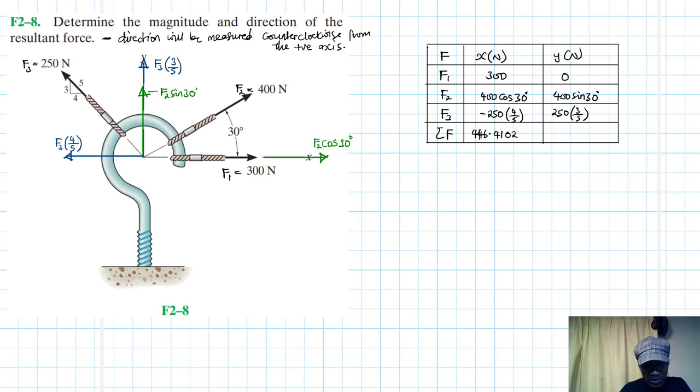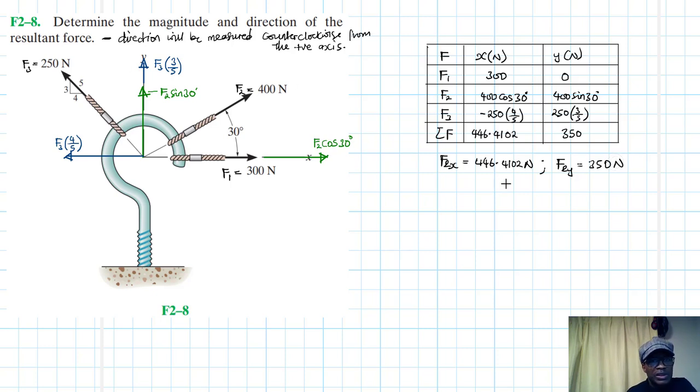The other one, we have 400 sine 30 plus 250 by 3 over 5. So this we get 350. Okay, let's add it again. So we have FRX equal to 446.4102 newtons, and we have FRY equal to 350 newtons.